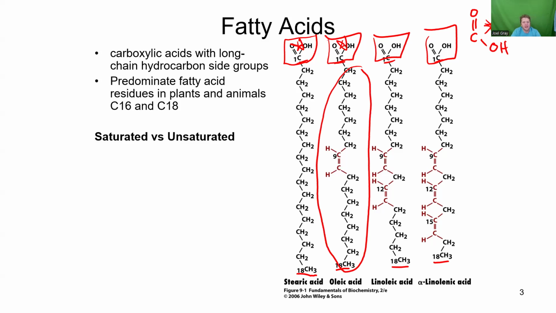Now, in the event that the chain has no double bonds, that is considered a saturated fatty acid. So I'm going to write sat. In the event that there is at least one double bond, then I'm going to say that that is an unsaturated fatty acid. So I'm going to say that all three of these, let me extend, unsaturated.